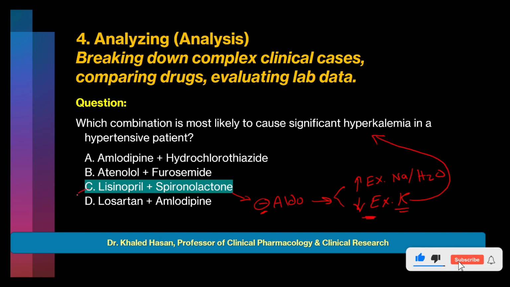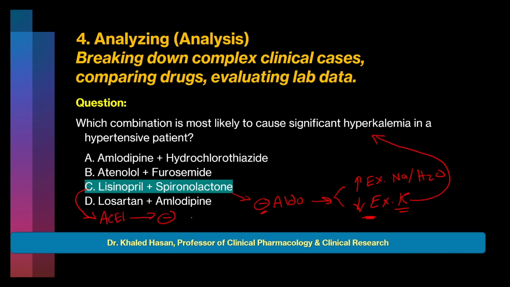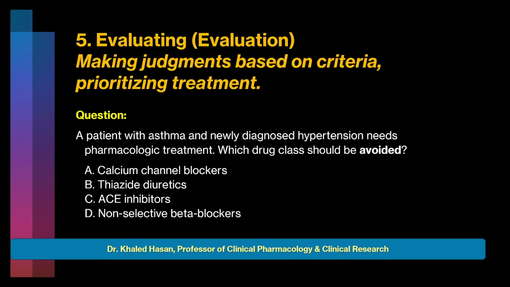The same applies with lisinopril, which belongs to the ACE inhibitors, and this antagonizes the effect of aldosterone and follows the same process. So the correct answer for significant hyperkalemia will be lisinopril and spironolactone.